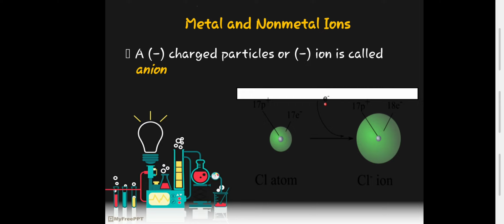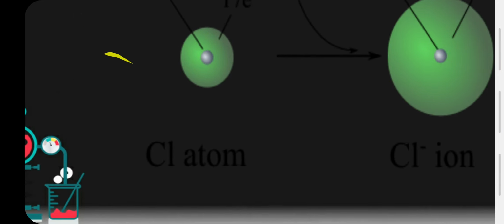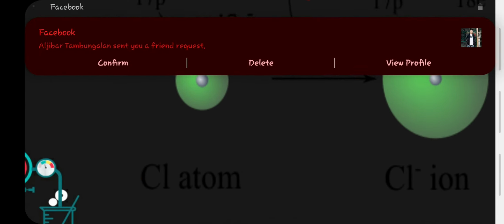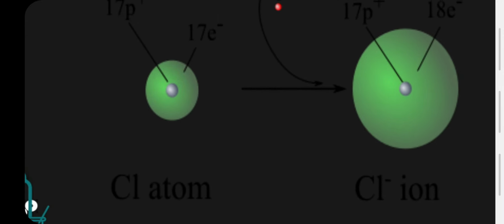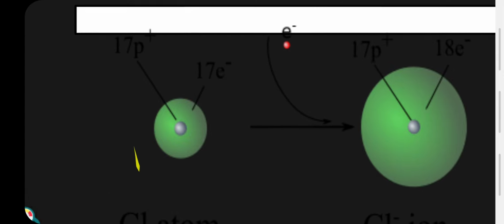Let's take a look at this. Always remember that a negatively charged particle, or negative ion, is called an anion. A positively charged particle, or positive ion, is called a cation. A negatively charged ion is called an anion. As you can see in the illustration, the chlorine atom has 17 protons and 17 electrons, so it has a balance of positive and negative charges.